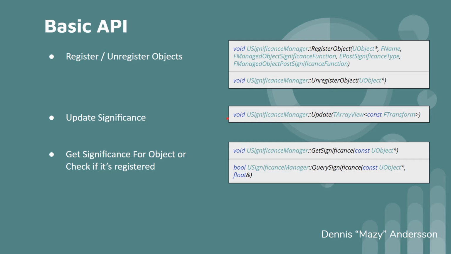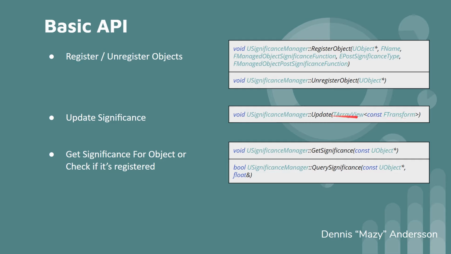Another important function is this update function, which is going to take in an array of transforms. This is basically your different viewpoints. Most likely you're going to want to call this function every single frame, and I'll show you guys how to do this as well. If you're running split screen, I think you probably want multiple of these transforms.